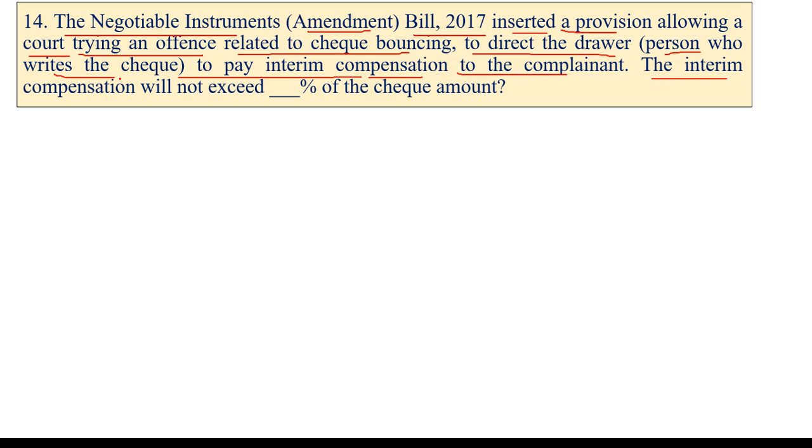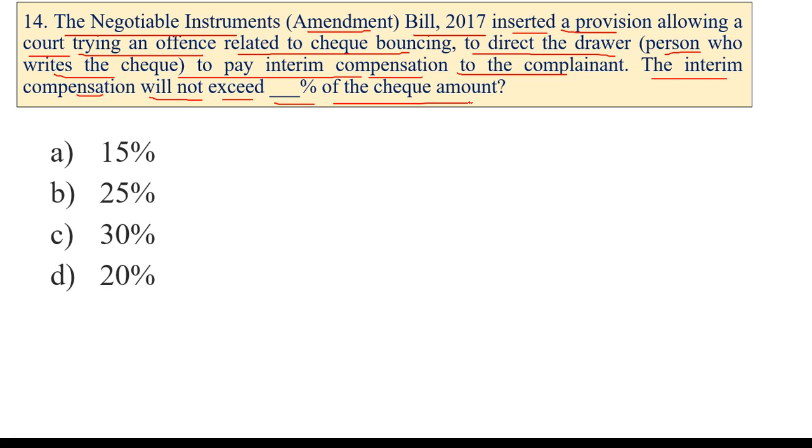The interim compensation will not exceed a certain percent of the check amount. So the Negotiable Instrument Act has been amended in 2017, and one provision was included in the bill of 2017, that if the check is bounced, there is a direction given to the drawer to pay certain compensation. Okay, so that compensation should be how much percent? It should not exceed a certain percentage of the amount.